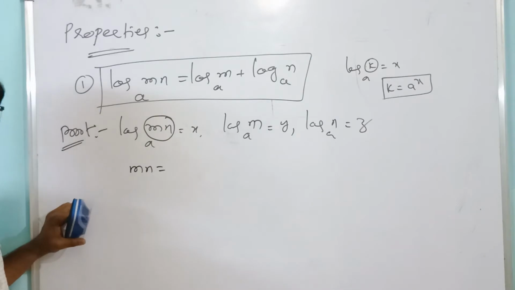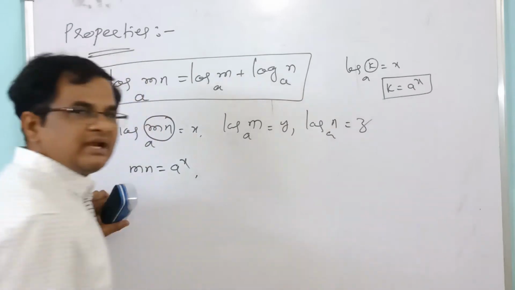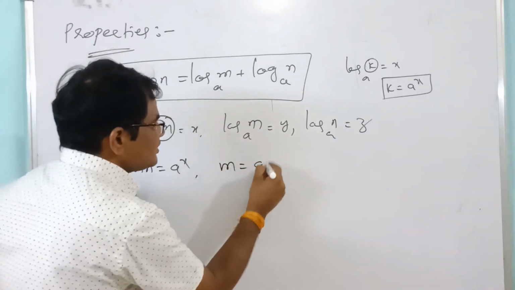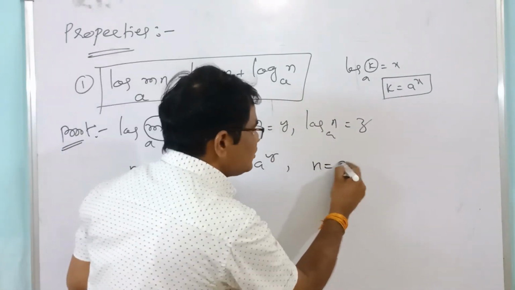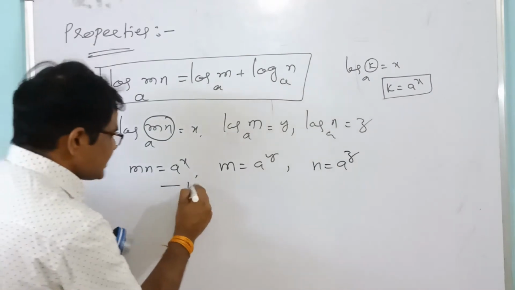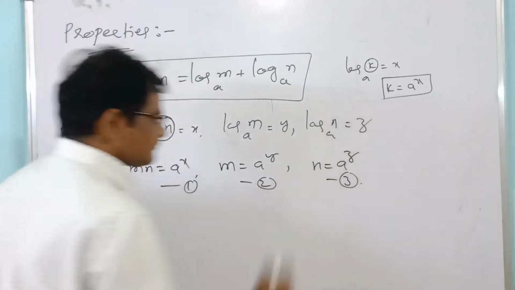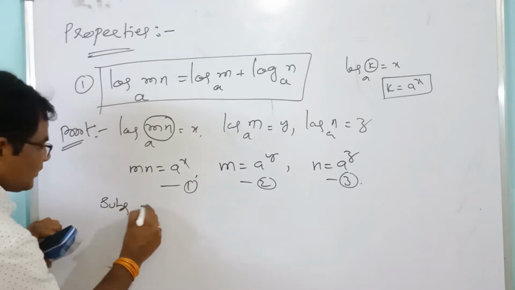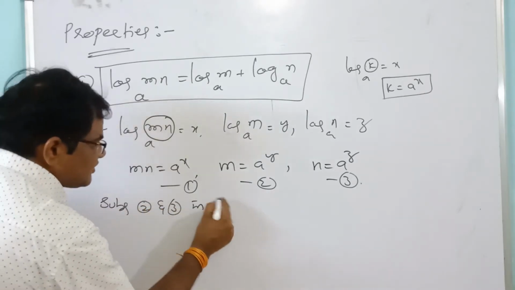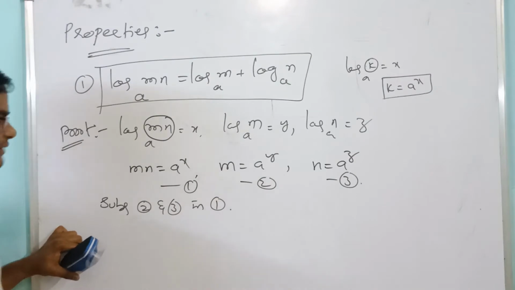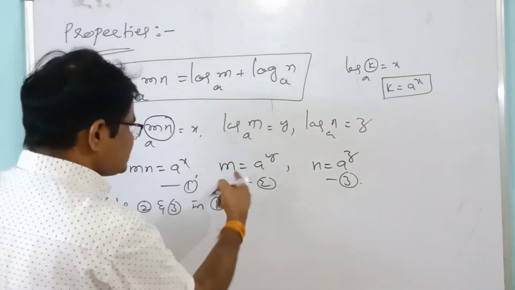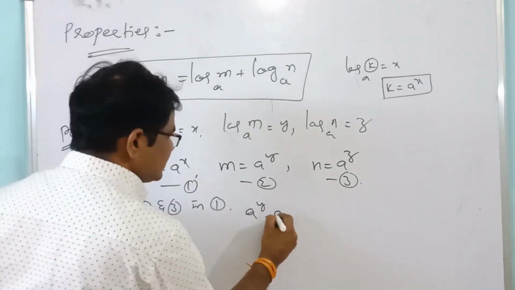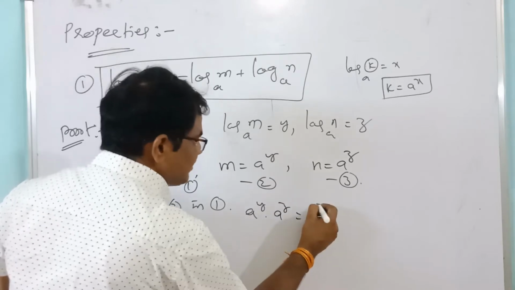M into n equal to a power x, right? Next, from the same condition you apply, what will we get? M equal to a power y, right? Now this can be written as n equal to a power z. Now take this as 1, this as 2, this as 3. Substitute 2 and 3 in equation number 1. If you substitute this one and this one here, what do we get? M is a power y, n is a power z, equal to a power x.